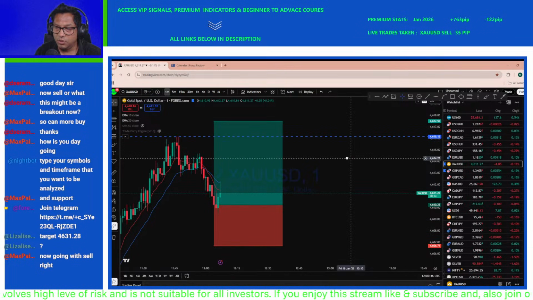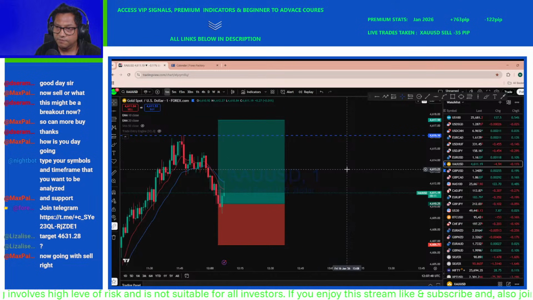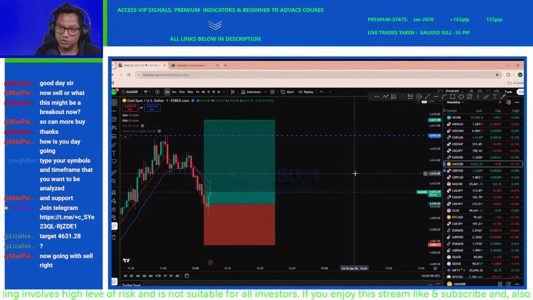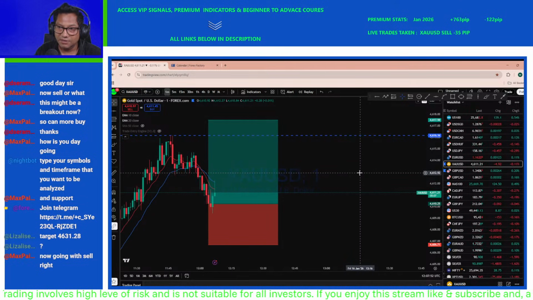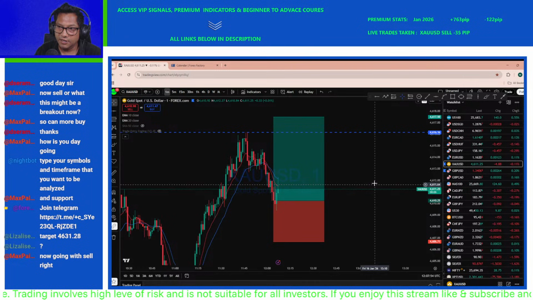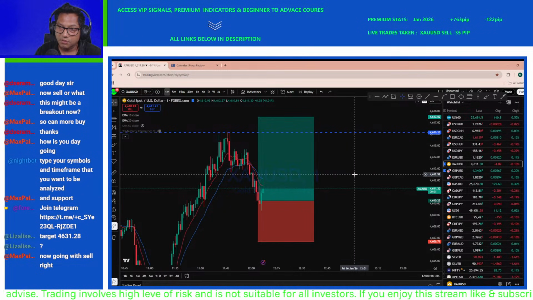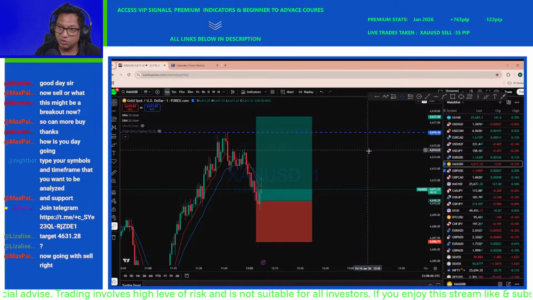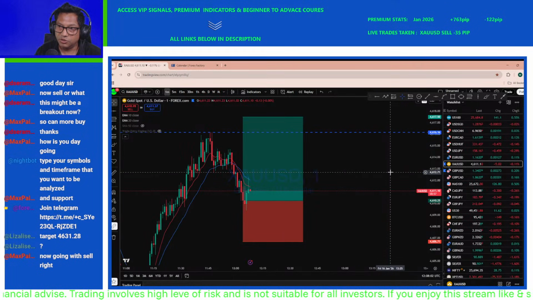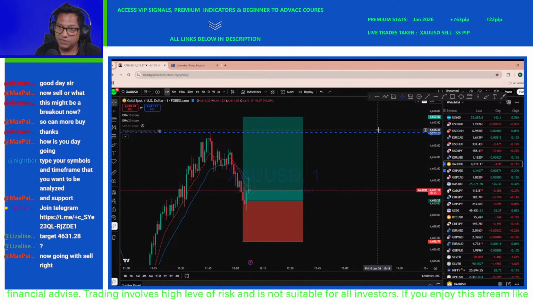Now we bought here. I'm still buying because, if you look at this breakdown, we can still expect the market to have another potential retest of this high here.